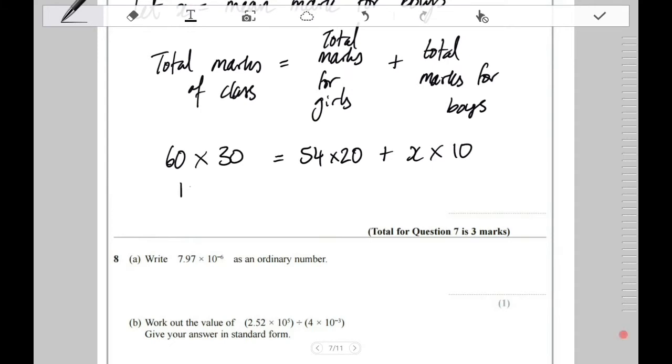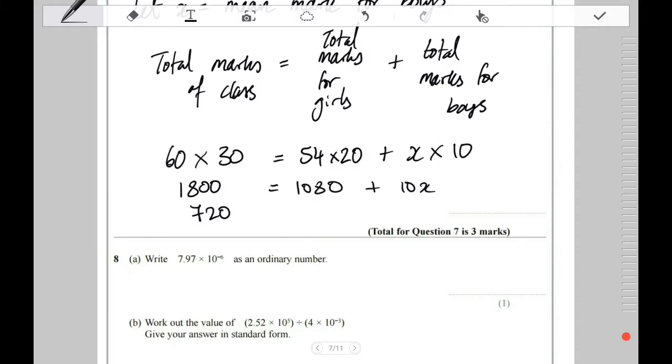So this is 1800. So 2 times 54 is 108 plus the 0, and this is 10x. So let's take this to the other side. We get 720 if we subtract 1080 from both sides.